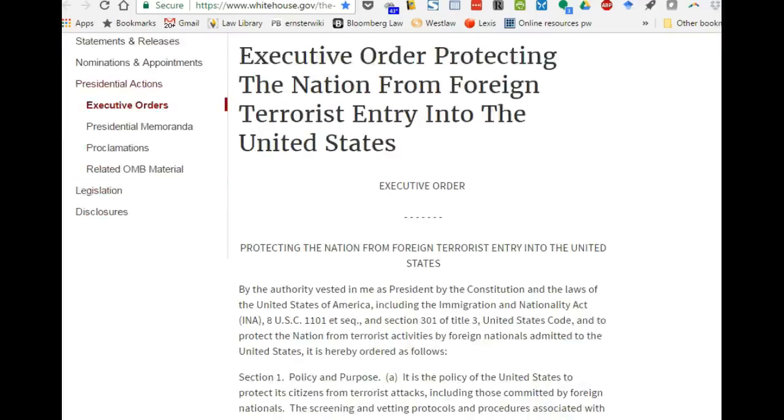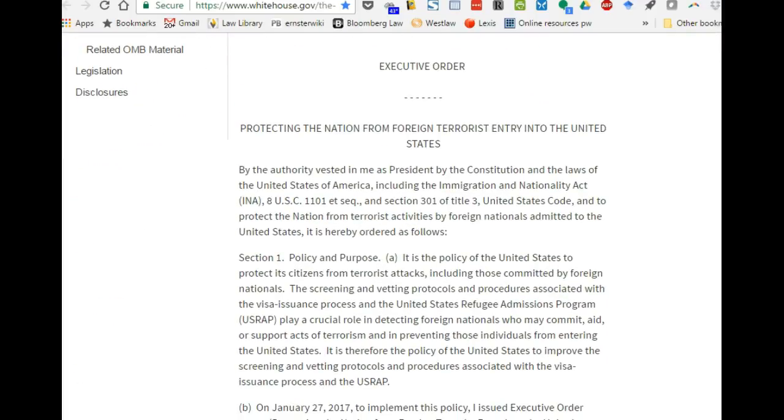But here you would see the exact language, and the language that those people who are questioning this in court are looking at and determining. They're making constitutional arguments, right, as to whether or not this is a valid exercise of presidential authority, whether it's constitutional, actually.